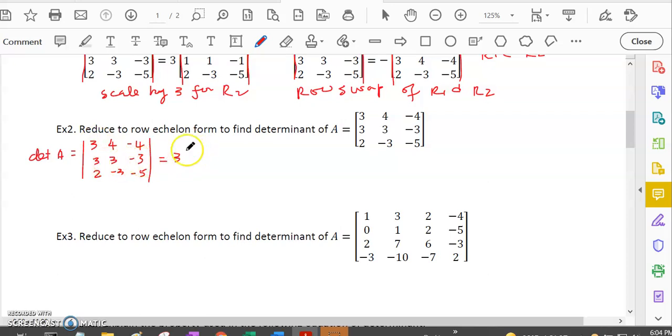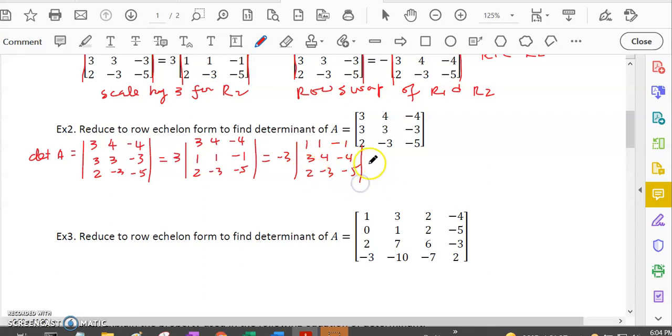That means dividing by 3, so it is 3 times the determinant of 3, 4, negative 4; 1, 1, negative 1; 2, negative 3, negative 5. Then it equals negative 3 times the determinant after switching row 1 and row 2, because we want to use the 1 as a pivot row: 1, 1, negative 1; 3, 4, negative 4; 2, negative 3, negative 5.